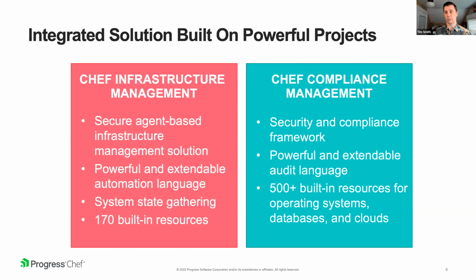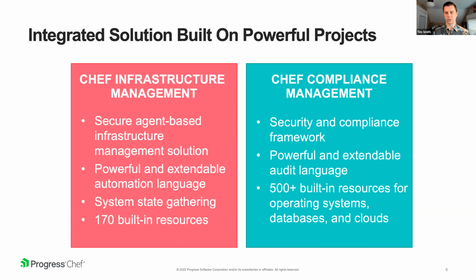Again, we also have a really powerful auditing language. We have 500 built-in resources, and I think that number might actually be 600 plus built-in resources. The team has been going just wild, adding resources for new clouds and new databases and new app servers. So there's a whole bunch of built-in stuff there that makes extending that, writing your own business rules, really easy.